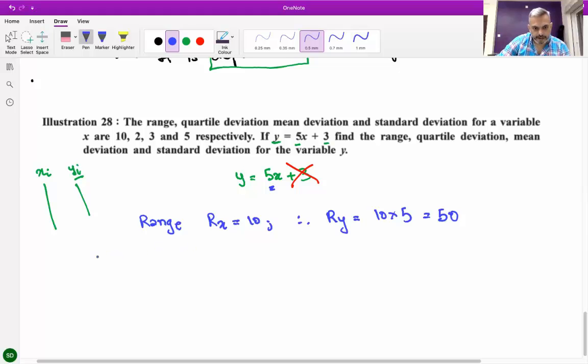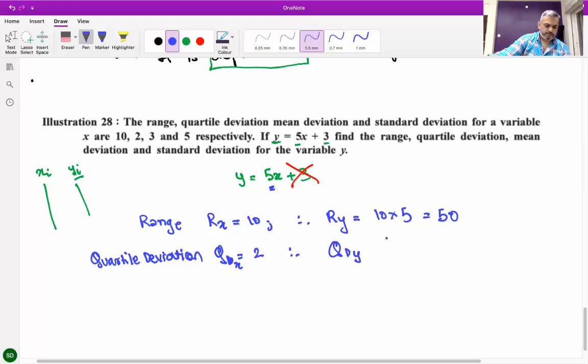Then quartile deviation. QD of x is equal to 2. Therefore, quartile deviation of y is equal to quartile deviation of x, that is 2 into 5, which is equal to 10.